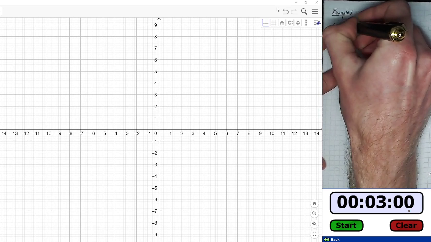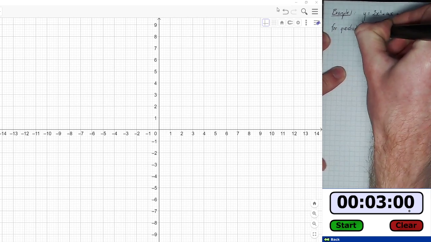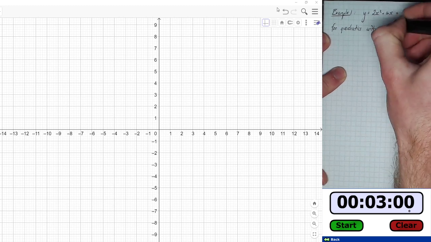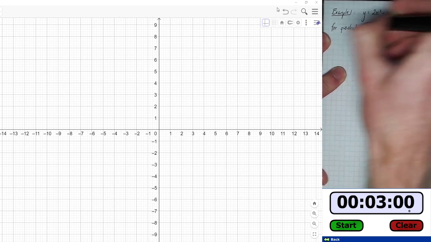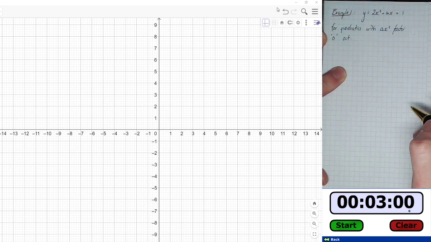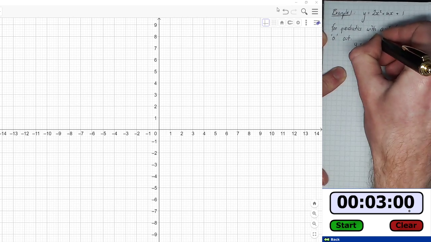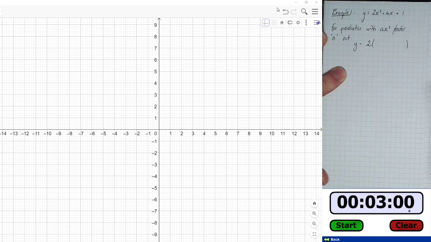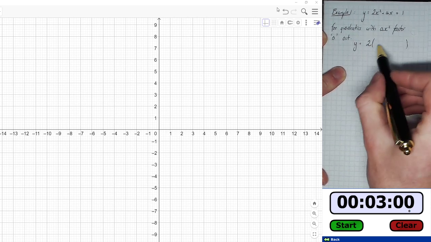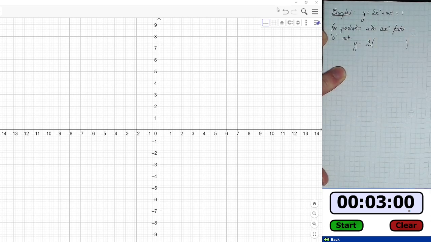So for quadratics with a number times x squared, we need to factor that number out. And what we mean by that is we want to write it as whatever that number is, and then a big bracket. Okay, so then we get a quadratic inside of the bracket, which is a type of quadratic that we know how to deal with quite well.